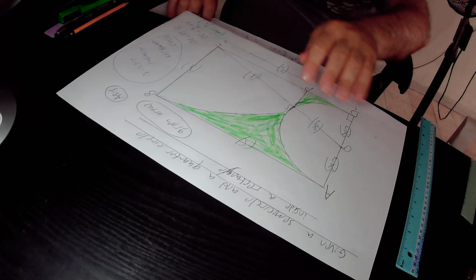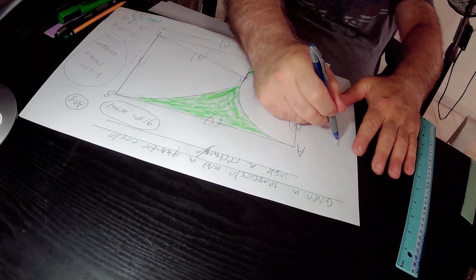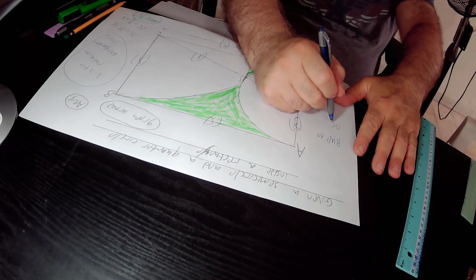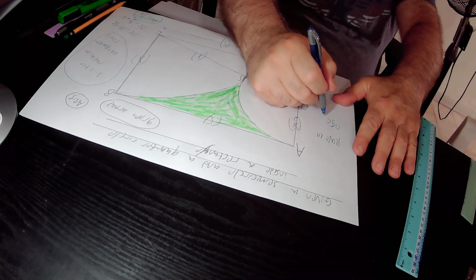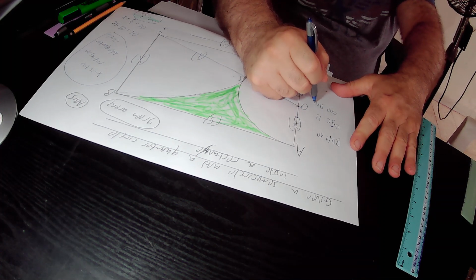Okay, so again, according to rule 10, OSC is one straight line.